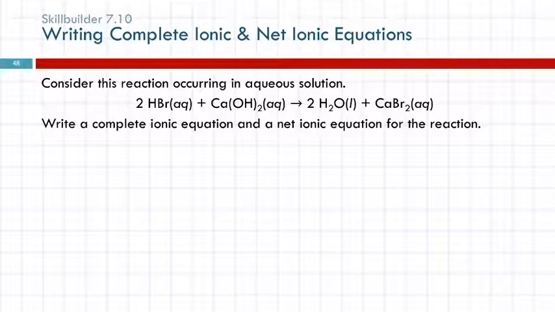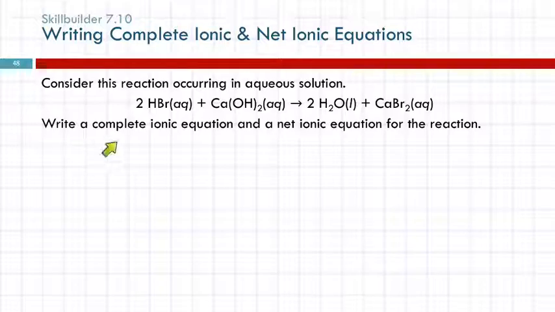So here's a reaction occurring in aqueous solution. Here's just a side question. Is this a precipitation reaction? How would you tell? What forms in a precipitation reaction? A solid. Is a solid forming here? No, this is not a precipitation reaction.